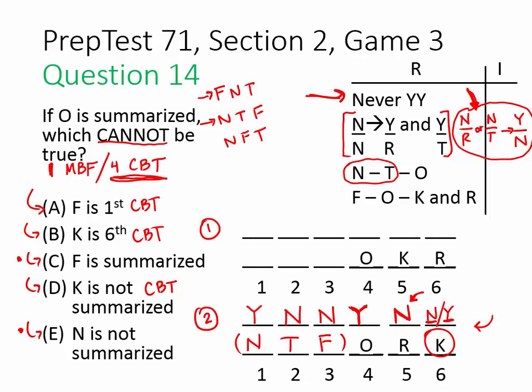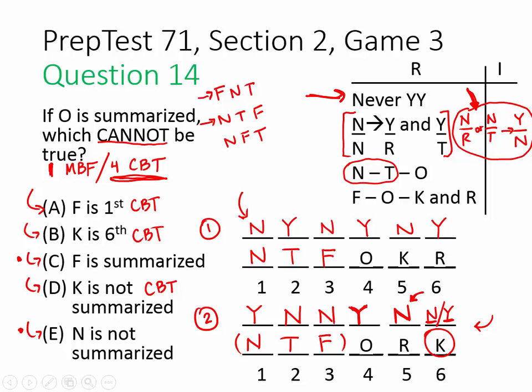We know that O is summarized. We know that the ones on either side of it are not. We're trying to make N not summarized. So what if I write in N not summarized right there? Well, if N is not summarized, both R and T have to be summarized, and that leaves F left.